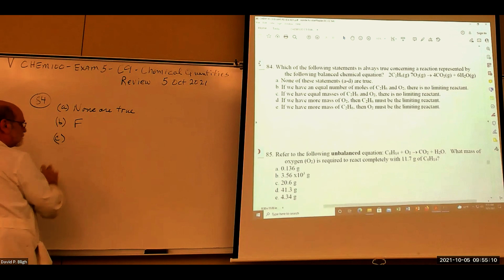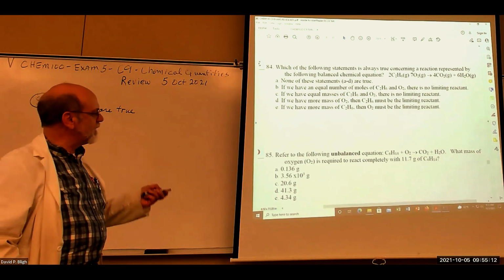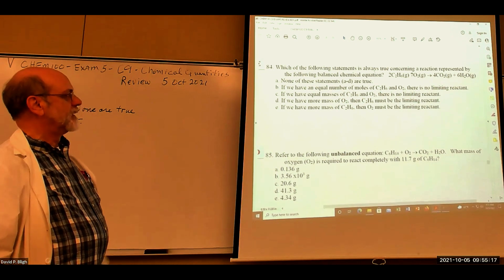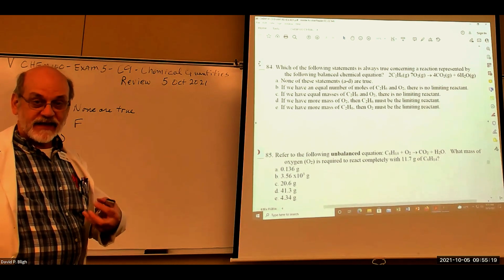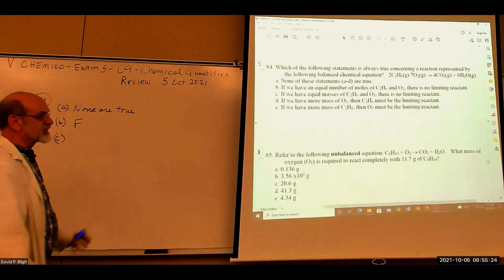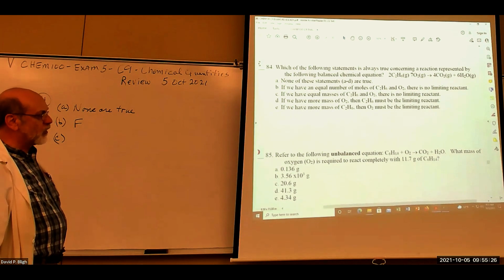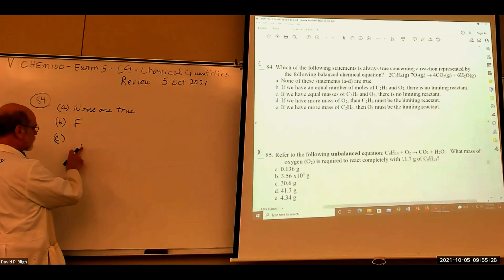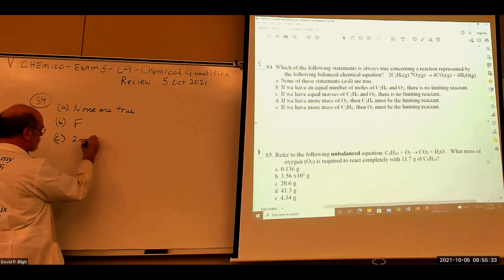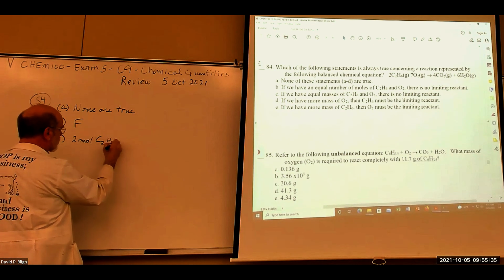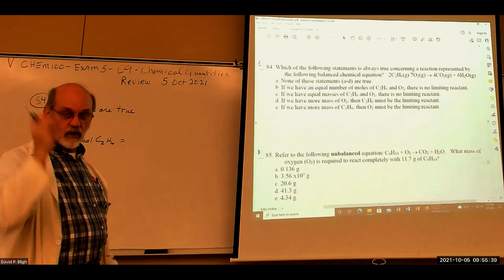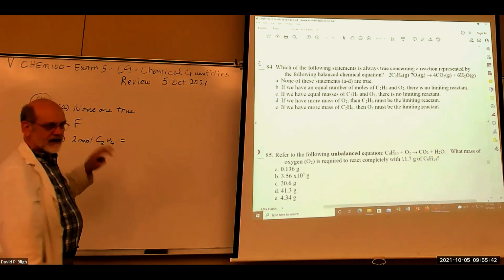How about C? If we have equal masses of C2H6 and O2, there is no limiting reactant. All right. So in this case, we have to actually calculate the masses. If you have 2 moles of C2H6, what mass do you have?